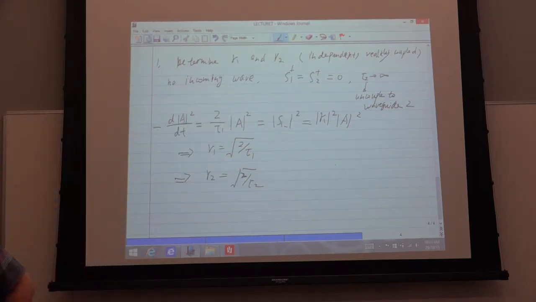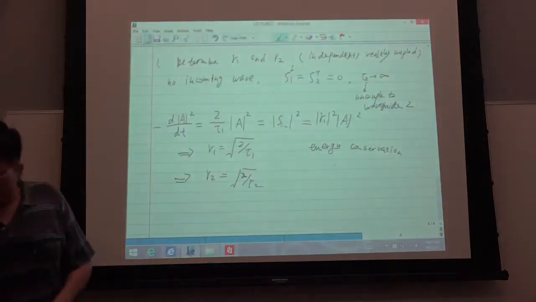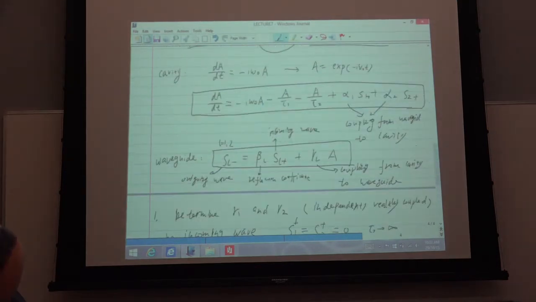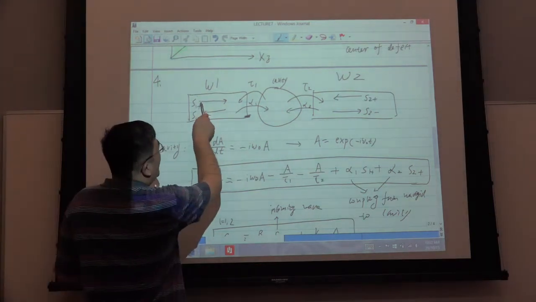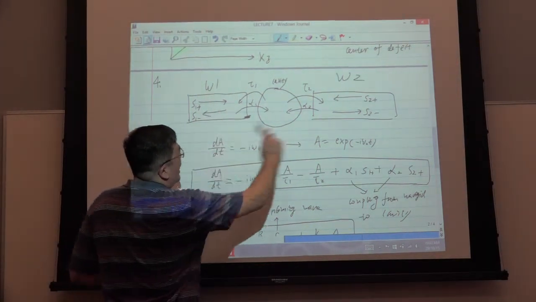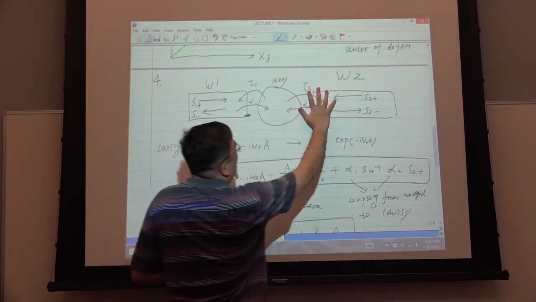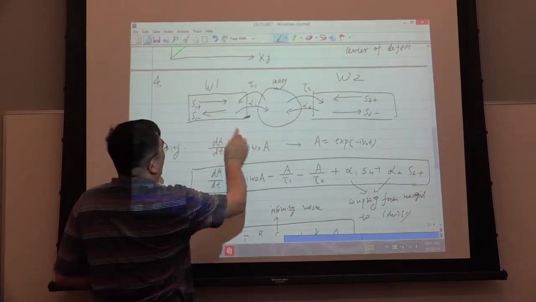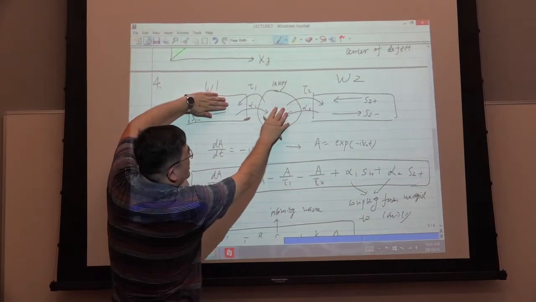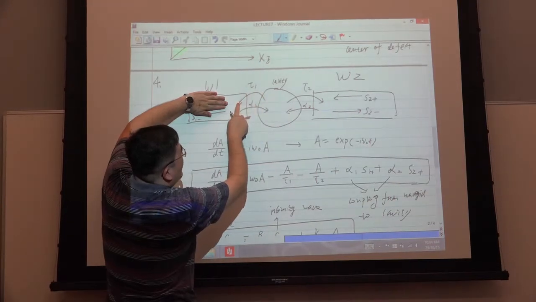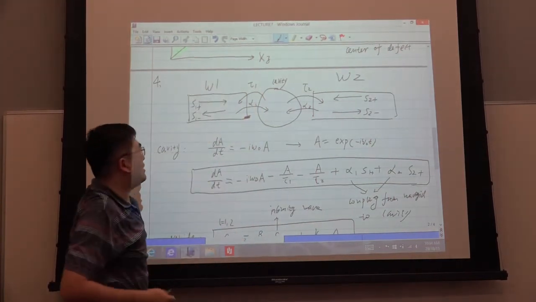This is an energy conservation law. It's nothing but energy conservation. You learned energy conservation, right? The physical picture is that if there is no incoming wave, and we ignore the coupling from waveguide 2, the cavity, when it is in resonance, decays with tau 1, and this decay produces S1.